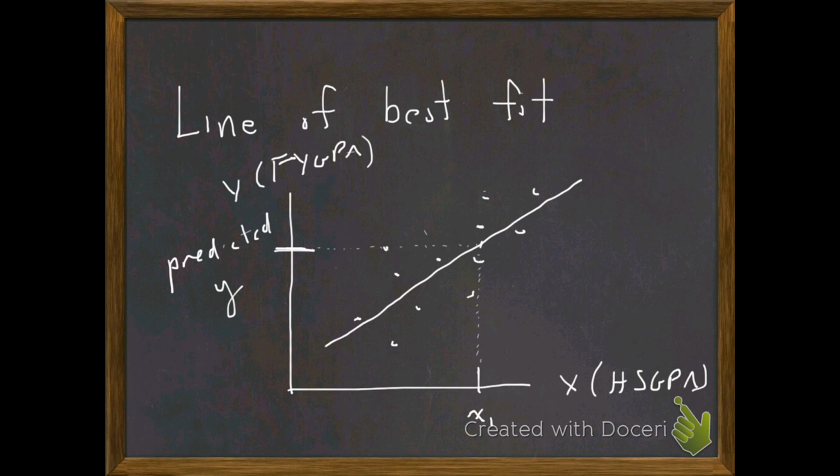But then it would allow you to use your model. For example, let's say a student has a 2.80 high school GPA. We could use our model to predict what the person's first year college GPA would be based on their high school GPA. Now, I'll just go ahead and tell you, it probably wouldn't be a very good model, but it's a good illustration.